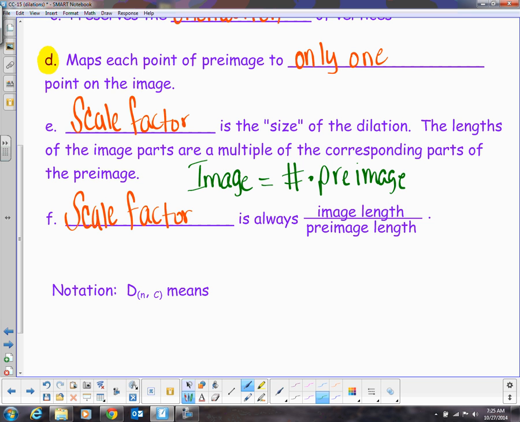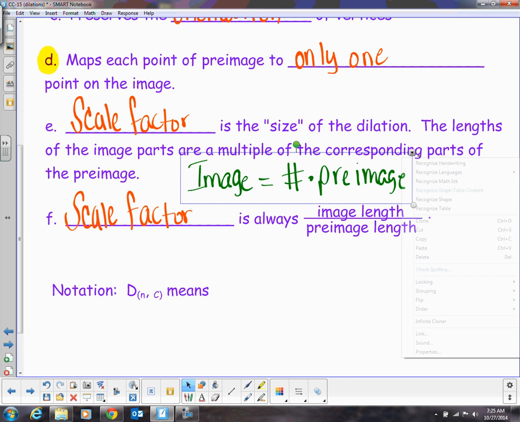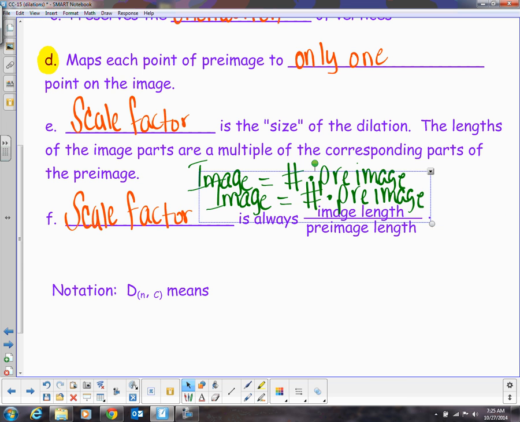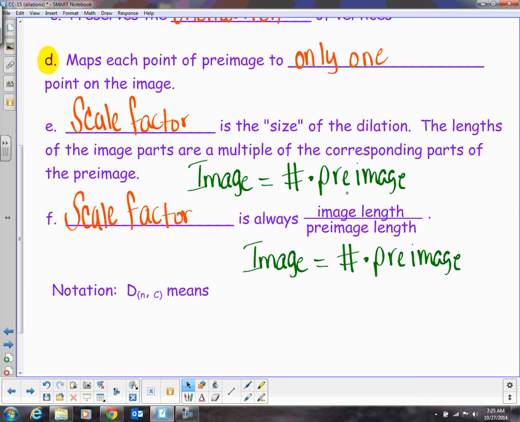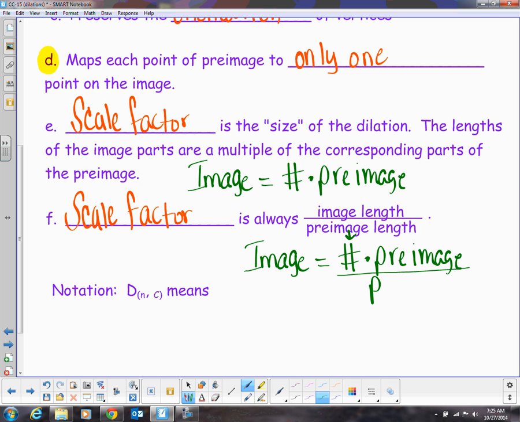So now if I were to take this that we just wrote, I'm going to clone it and move it down here. And I were to solve for this number, and it's connected by multiply, what would I have to do? Divide. And I would divide by what? Pre-image.